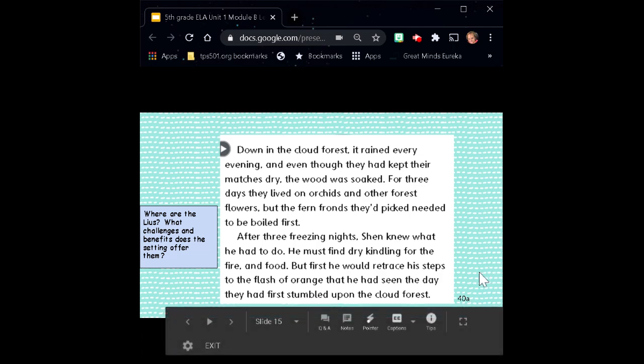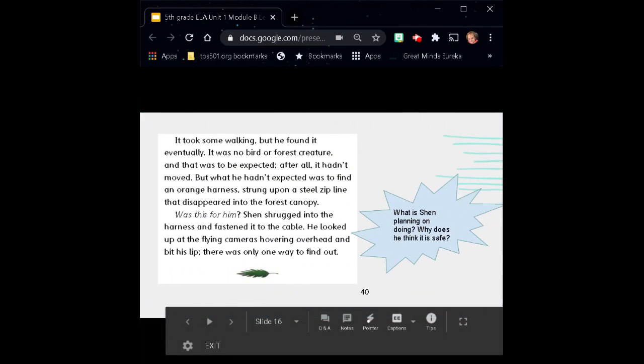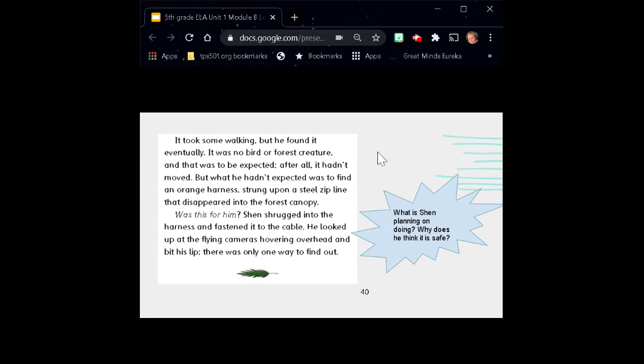It took some walking, but Shen found it eventually. It was no bird or forest creature, and that was to be expected. After all, it hadn't moved. But what he hadn't expected was to find an orange harness strung upon a steel zip line that disappeared into the forest canopy.